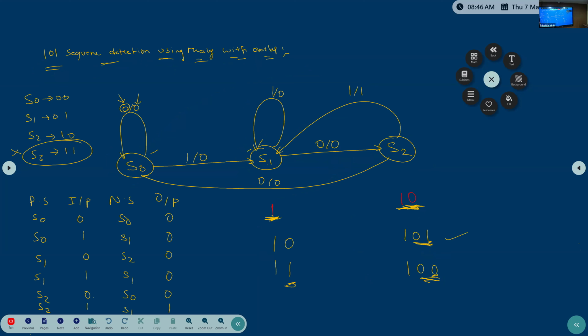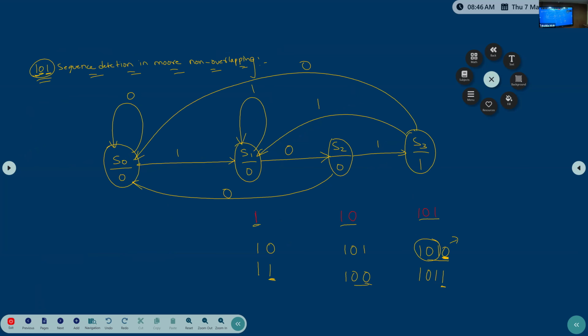But when we come to Moore machines, what is the definition I told? The output depends only on the present state, not on the present input. The state itself tells whether the output will be 0 or 1. At S0, are we getting the 101 sequence? No. At S1? No. At S2, we are not getting the 101 sequence.